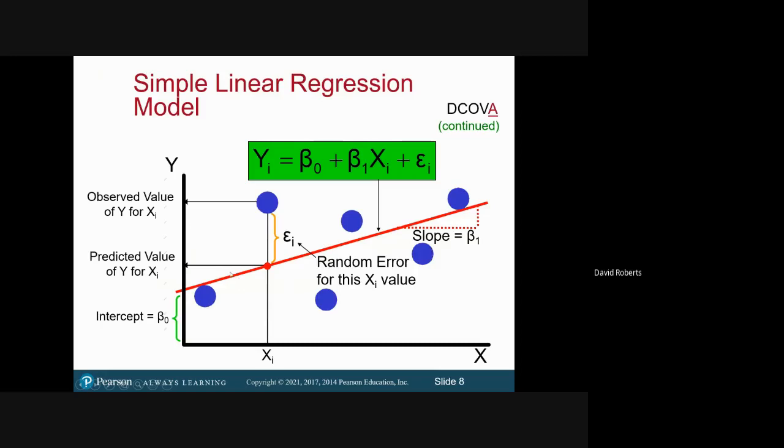So in this particular case, you've got the y-intercept, which is on the far left-hand side here. Then you have the slope of the line, and this line is drawn not as a guess, but it has the least amount of distance between the dot and the line. And like I said before, that's called least squares regression. And that's the only one that we use because it's the best. It gives us the best results.